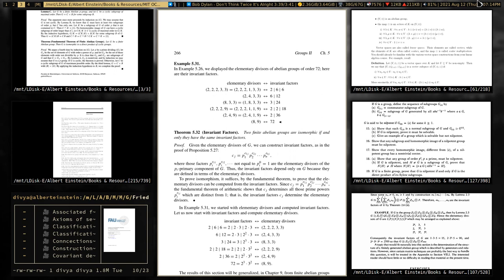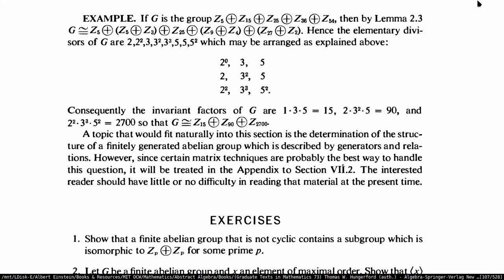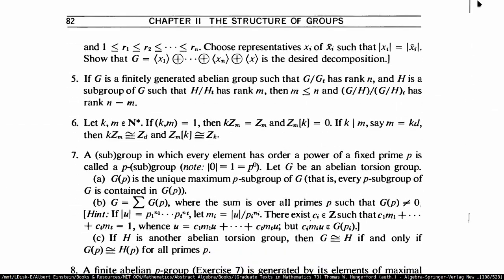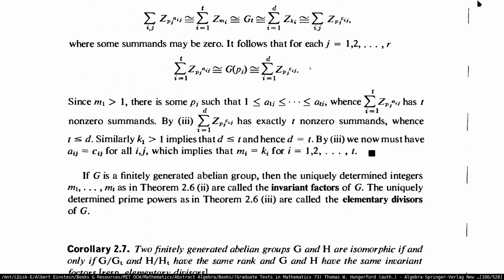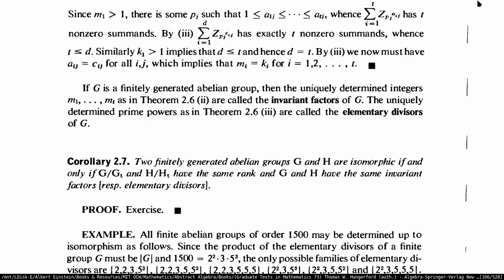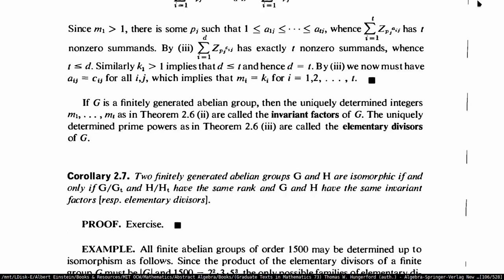Hungerford does talk about invariant factors also, as well as elementary divisors. You see, so on page 80, you might be making the connection between the invariant factors and the elementary divisors. Yep, looks like it. There's a lot to go through.